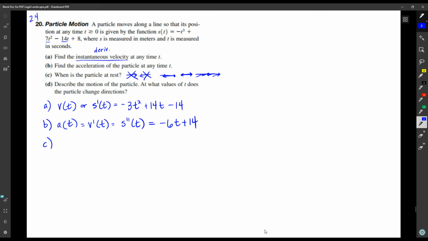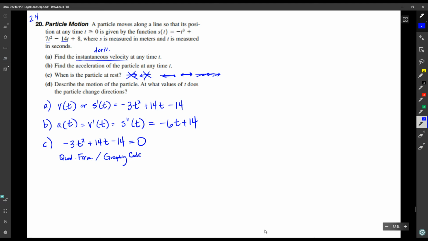So what we want to do here is take the velocity function, negative 3t squared plus 14t minus 14, set it equal to 0, and solve. This doesn't factor, which means we have a couple of options. I've got the option of the quadratic formula, which is a good option, or we have the option of our graphing calculator.